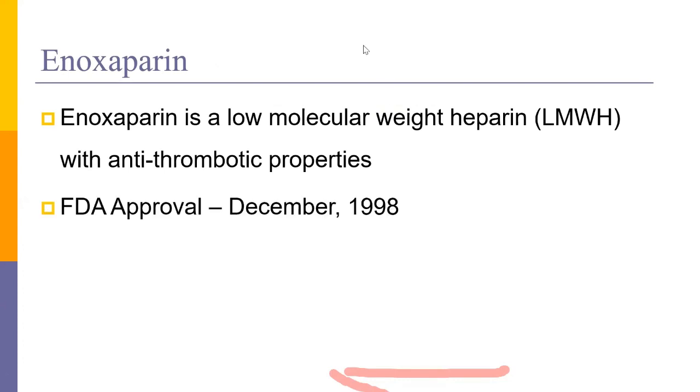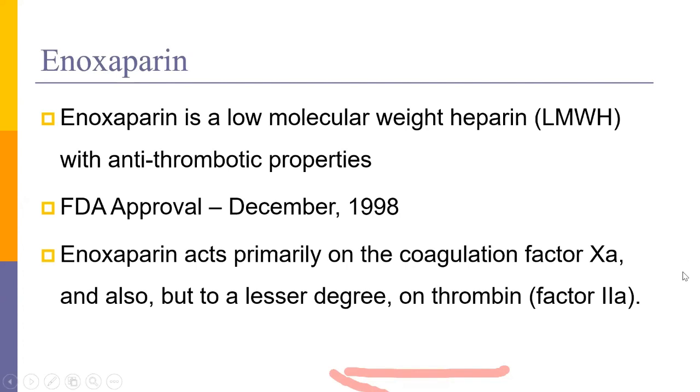The FDA approval was in December 1998, that's over 25 years back, if I'm not mistaken. Enoxaparin acts primarily on coagulation factor 10A and, to a lesser degree, on thrombin factor 2A.